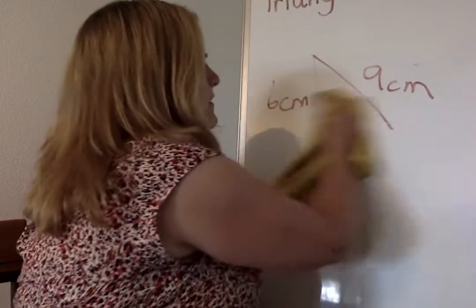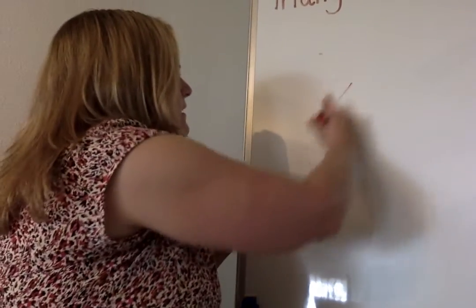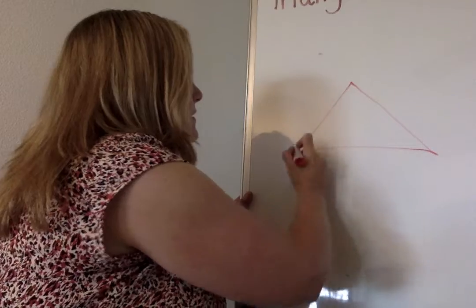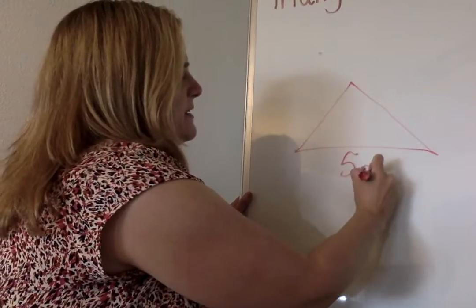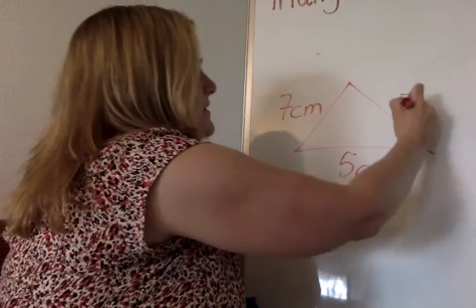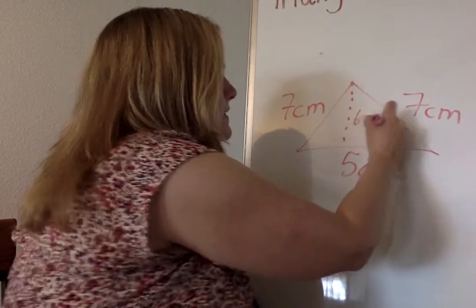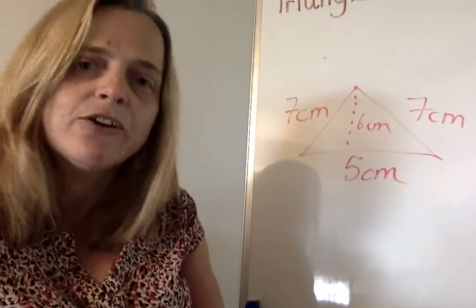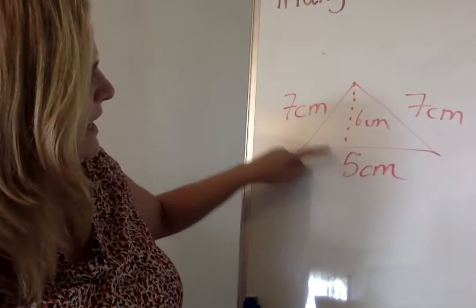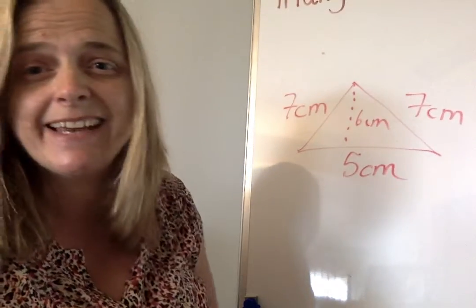Let's do one more together. This time we'll not make it a right triangle. Let's make this 5 centimeters, 7 centimeters, 7 centimeters, and in here 6. So in this case, you add the perimeter, it would be 5 plus 7 plus 7. So 14 add 5, 19 centimeters.